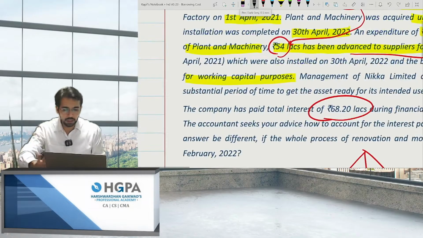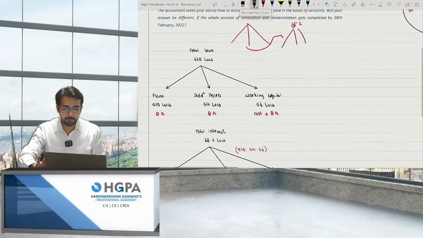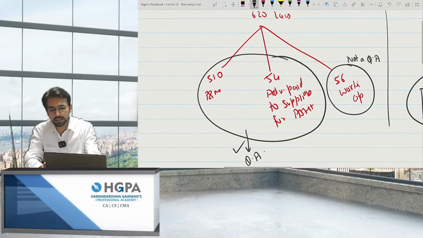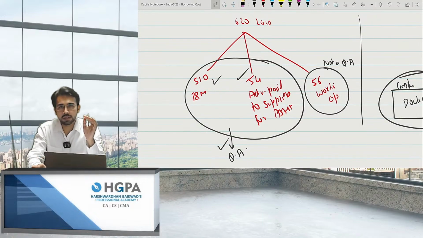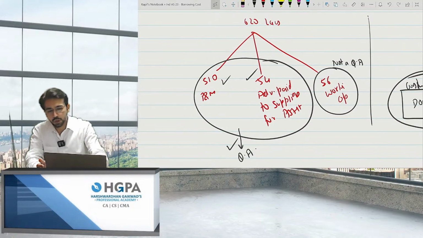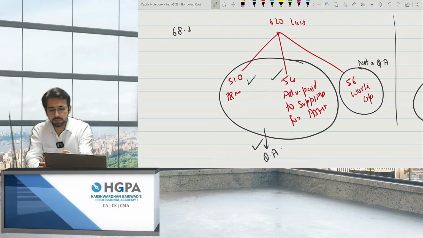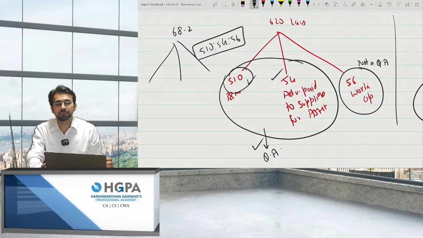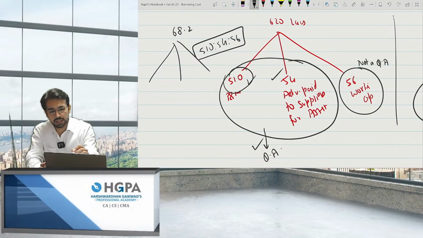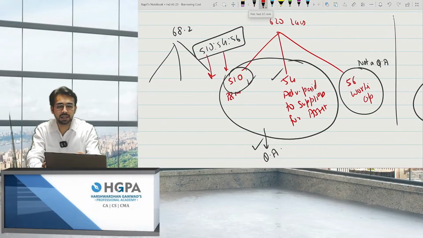So the rule over here is, if I am treating this as a qualifying asset, obviously the interest cost needs to be capitalized. Total interest was 68.2. I will apportion it on the basis of expenditure made, that is 510 is to 54 is to 56, and capitalize it in that ratio. So obviously the first two amounts will be capitalized and the last amount will be transferred to P&L.